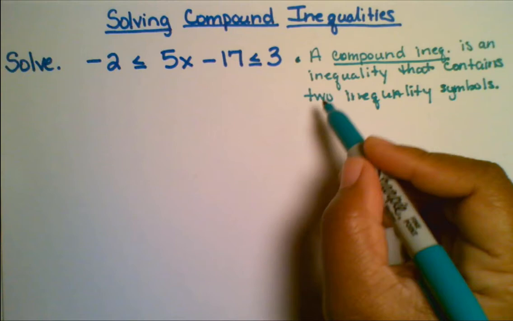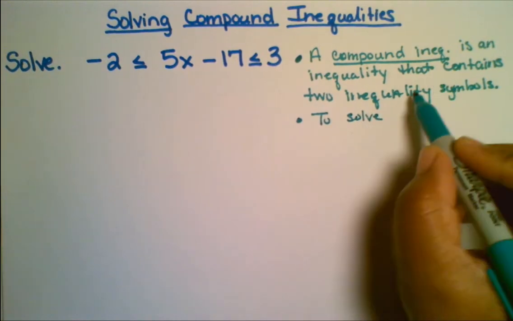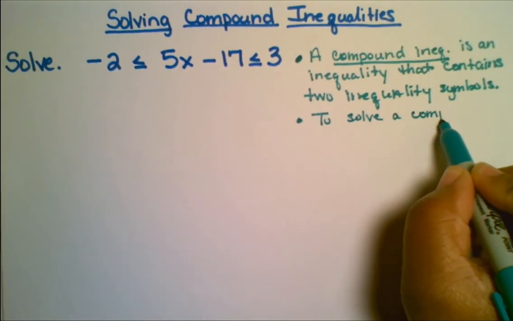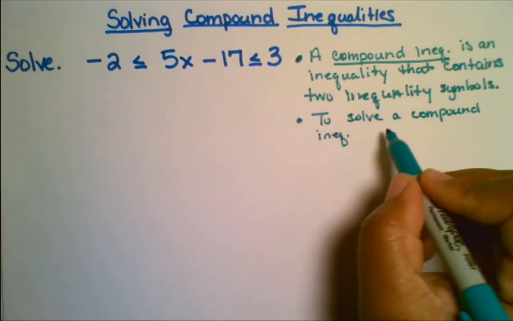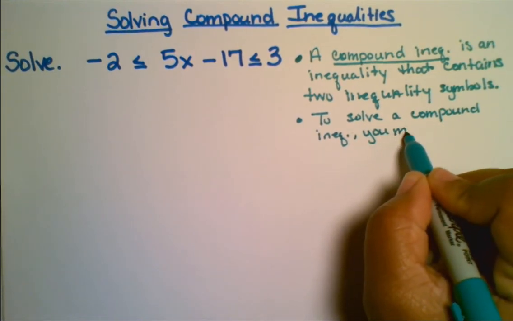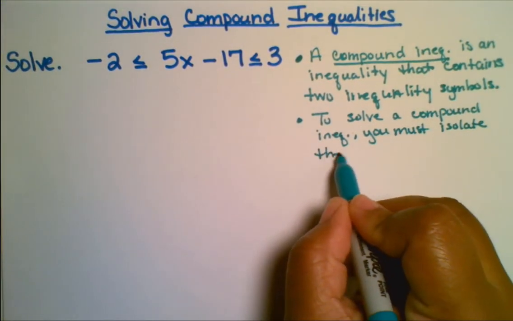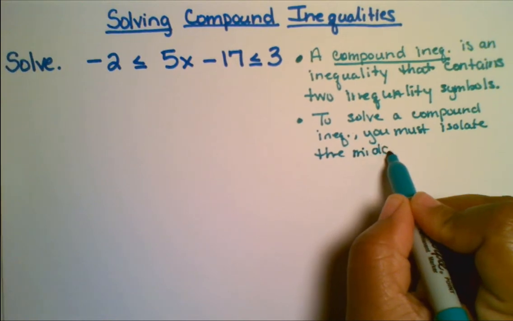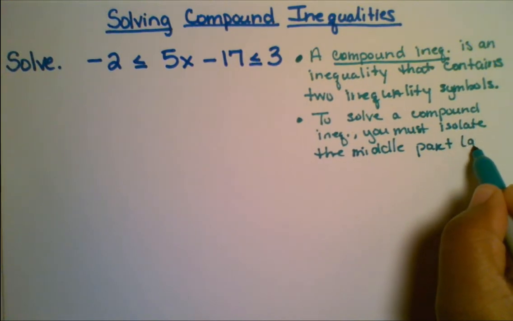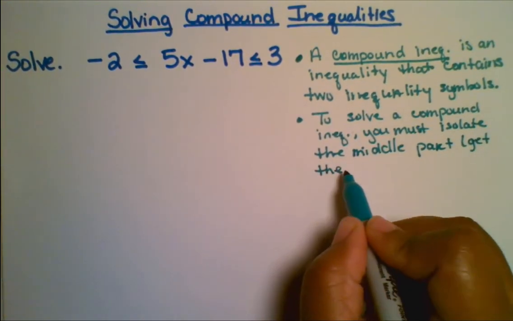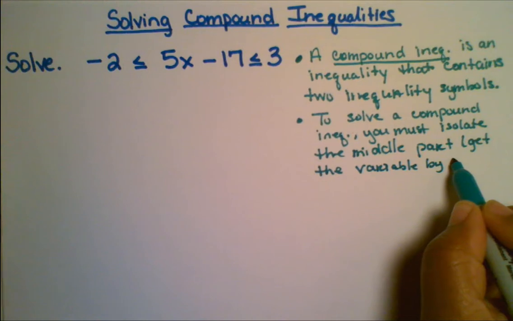So to solve a compound inequality, you must isolate the middle term, or we say the middle part, meaning we want to get the variable by itself.